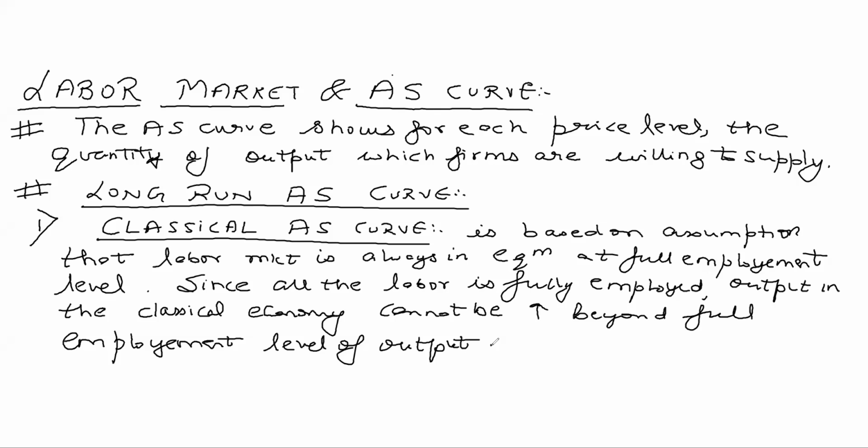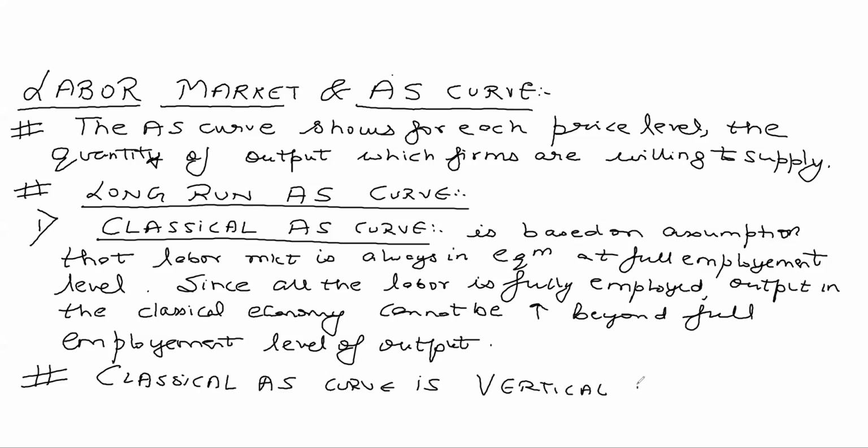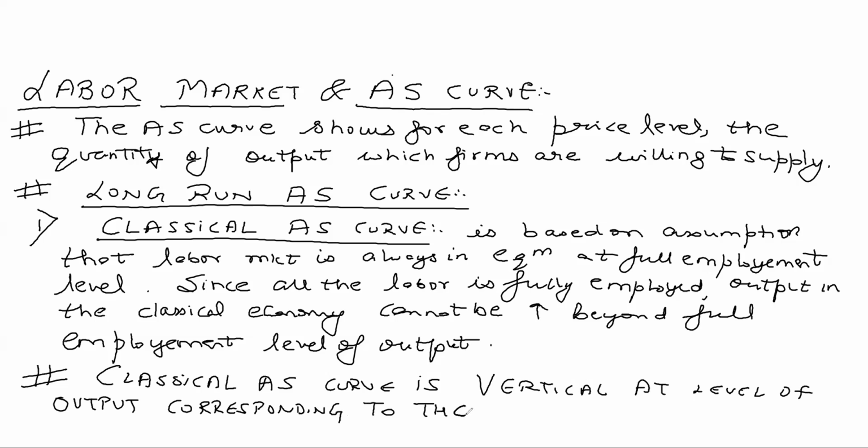Okay, so since output cannot be increased beyond the full employment level, I can say that the classical aggregate supply curve is vertical at the level of output corresponding to the full employment level of output.